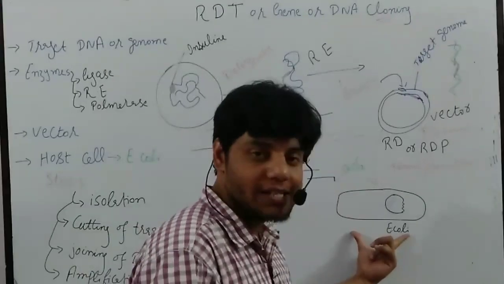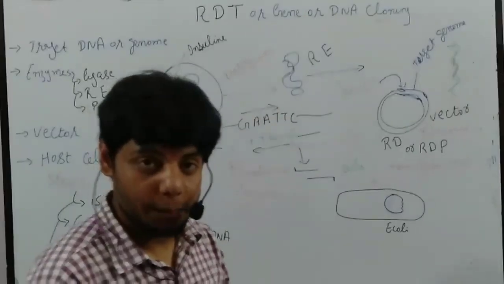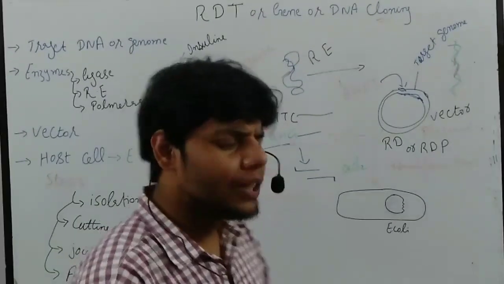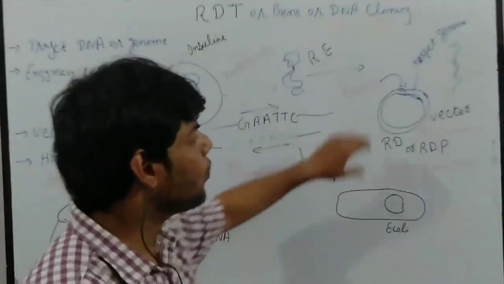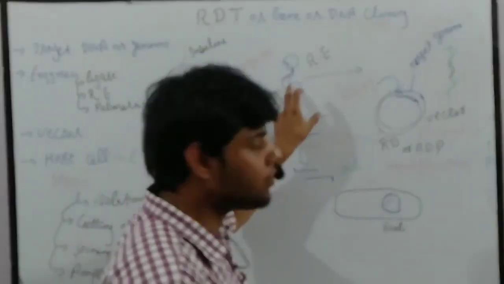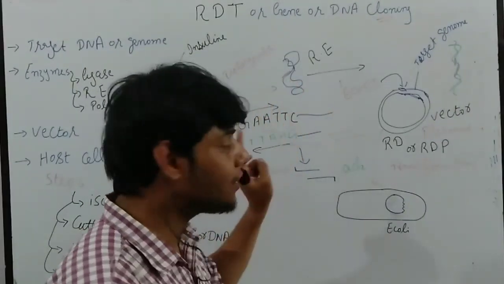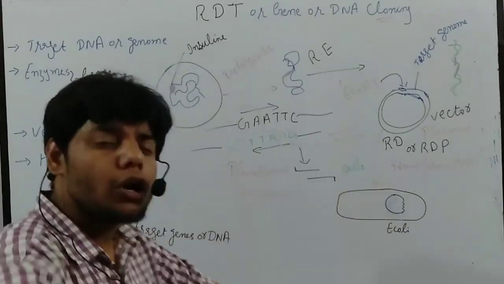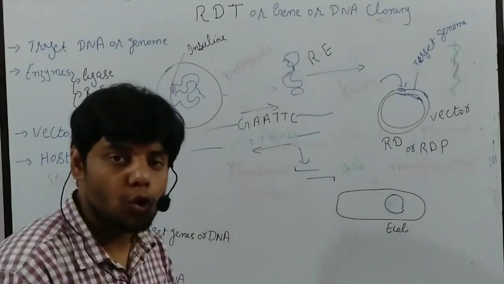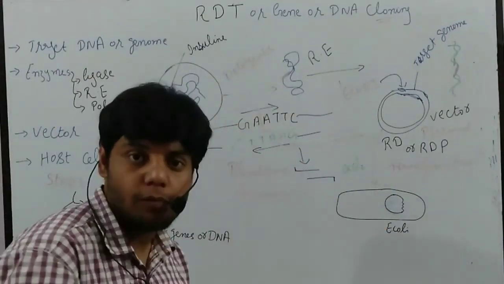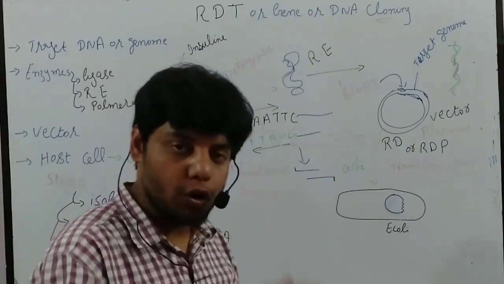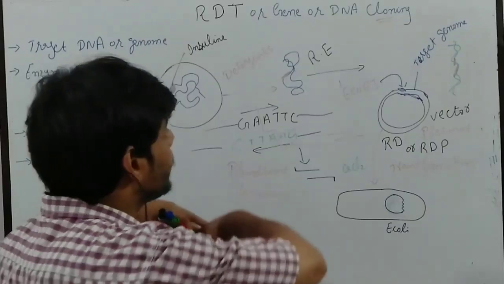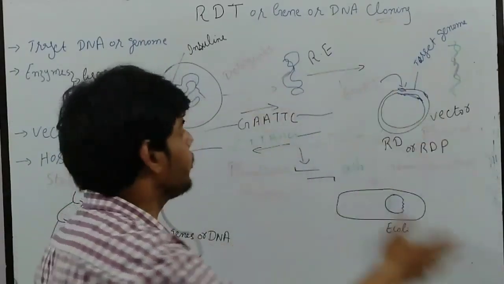Now this E. coli cell can contain our plasmid. There is a lot of E. coli present, and this is not only one vector and not only one target genome. There are different kinds of human genomes, from different kinds of human cells. We use detergent on the human cells, and then we get a lot of different human genomes.